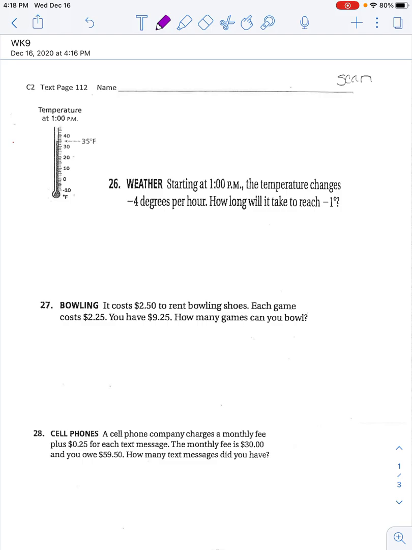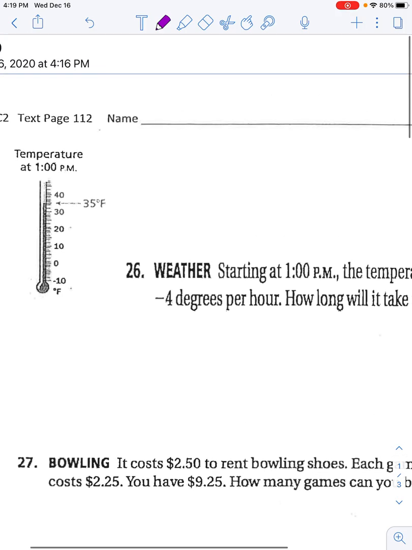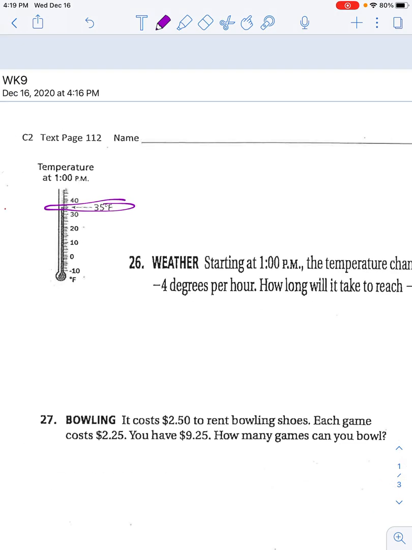It says starting at 1 p.m., the temperature changes at -4 degrees per hour. How long will it take to reach -1 degree? You have to use this thermometer up here. As of right now, it's 35 degrees and it's positive.